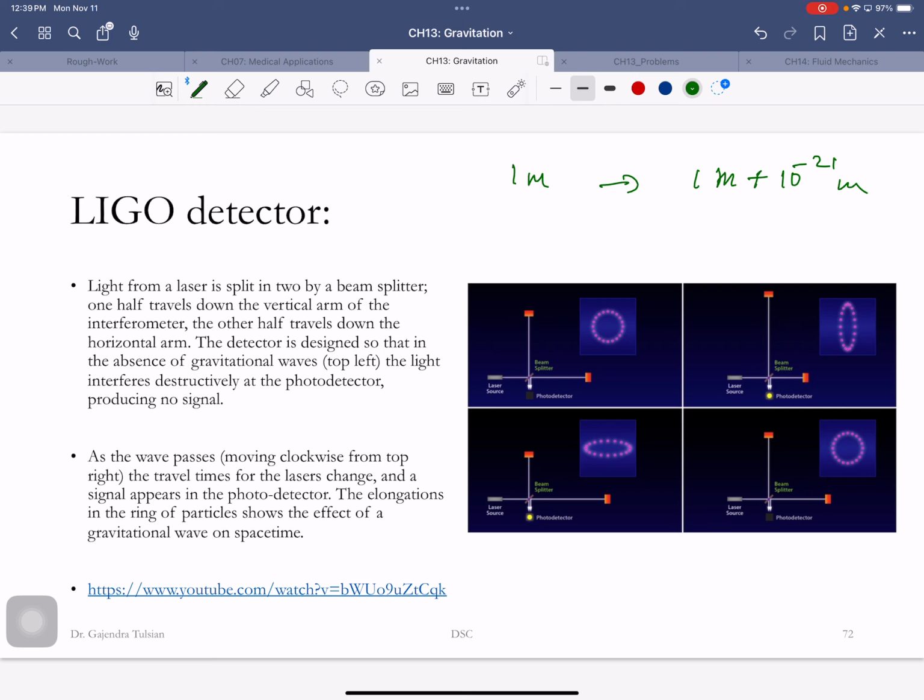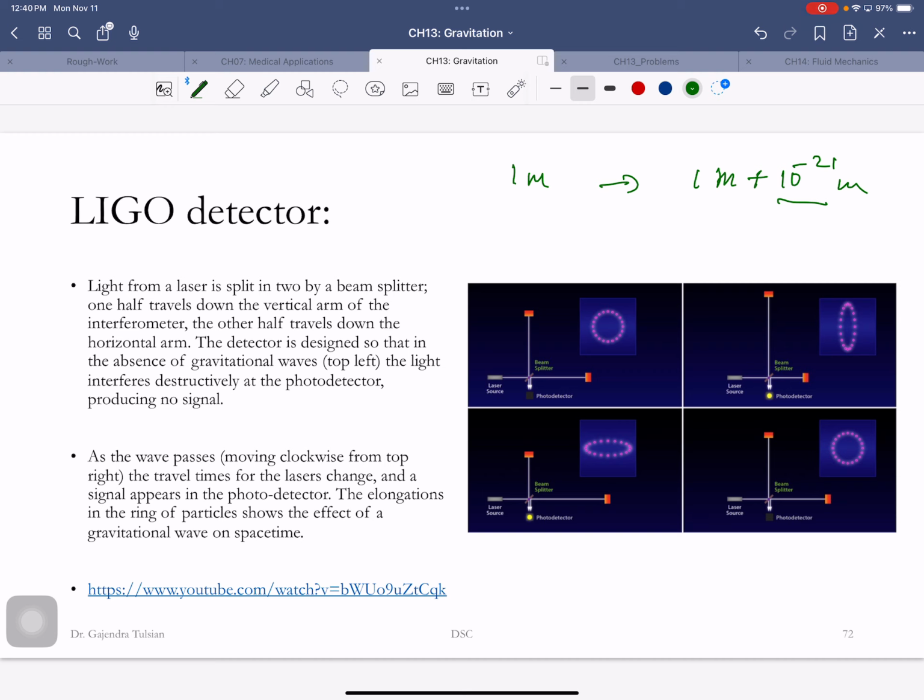During all those millions of years when the black holes were going around, how much was it stretching? Much less, and there was no hope of detecting that. We barely detected this. So you measured a stretch of 10 to the minus 21 meters per meter.